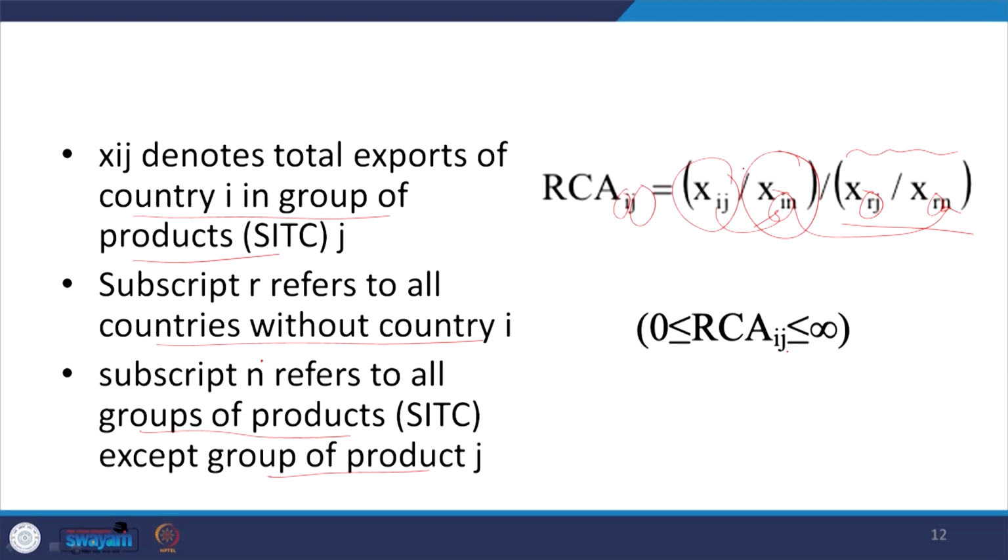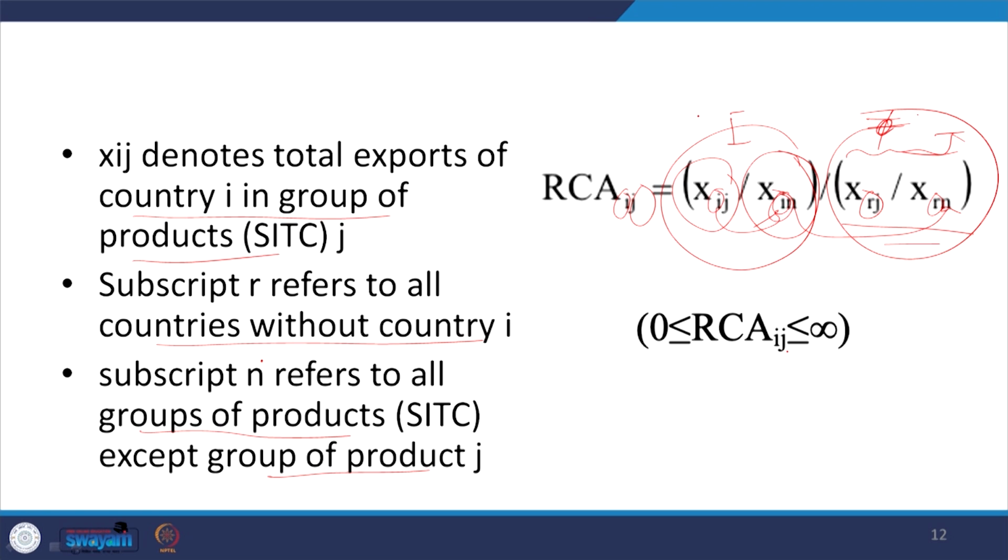So, this is country I, and here we are sticking to the product called J only, that is the Jth industry, as against other than the Jth industry. So, the world as a whole export and its ratio, the domestic country and its ratio.